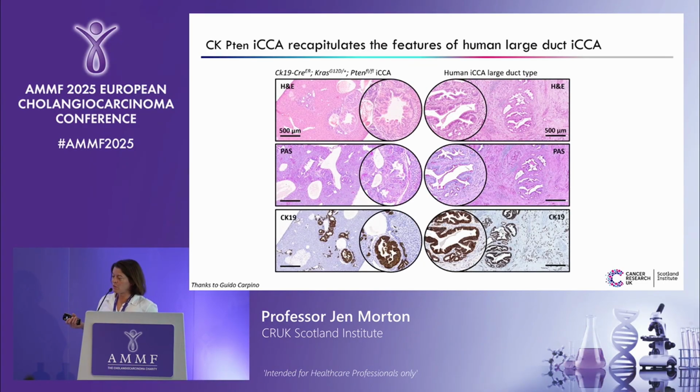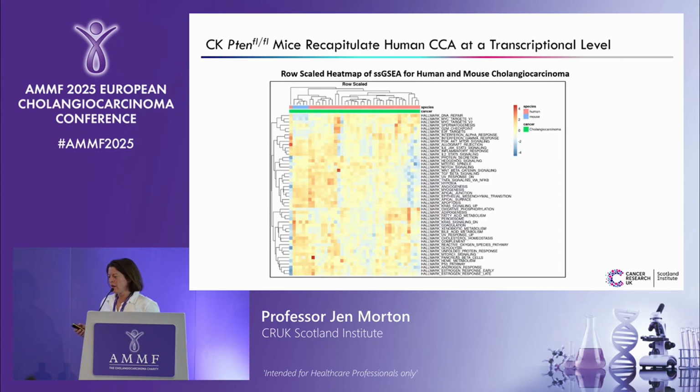Like Ed's model, I guess, and this is something that we don't understand, why the CK19 and the SOX9 drive different pathologies within the liver, but within the liver we get intrahepatic large duct cholangiocarcinoma. They recapitulate human cholangiocarcinoma at the transcriptional level.